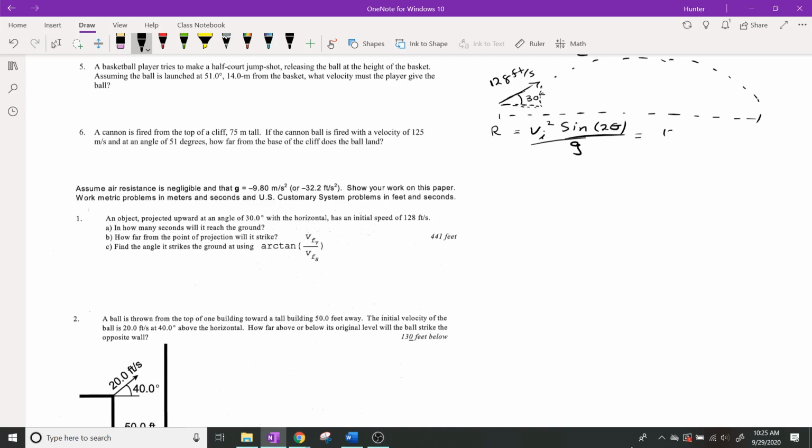The vi is 128. Just remember our answer is going to be in feet, not meters. So it's 128 squared times the sine of 2 times 30, 60 degrees, divided by 9.8. That gives us the distance.